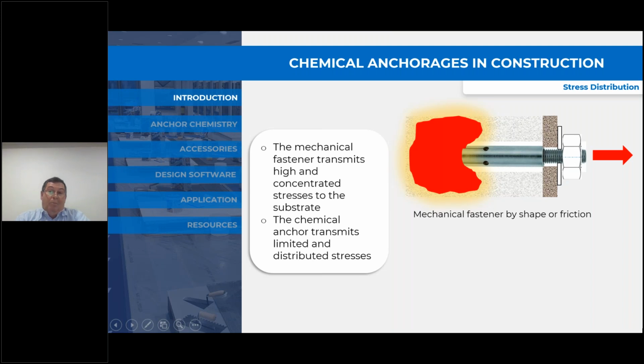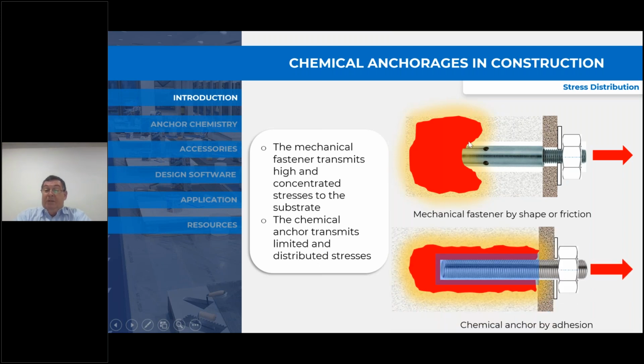To make that all quite plain and easy to see, the mechanical fastener transmits high and concentrated stresses to the substrate, and the chemical anchor transfers limited and distributed stresses quite evenly. So as I said before, the mechanical fastener has all of the load in one area, whereas the chemical anchor evenly distributes the load across the whole surface area of the hole.